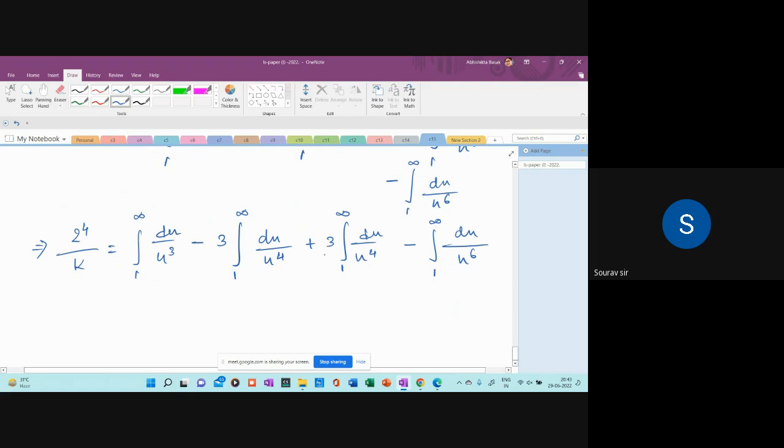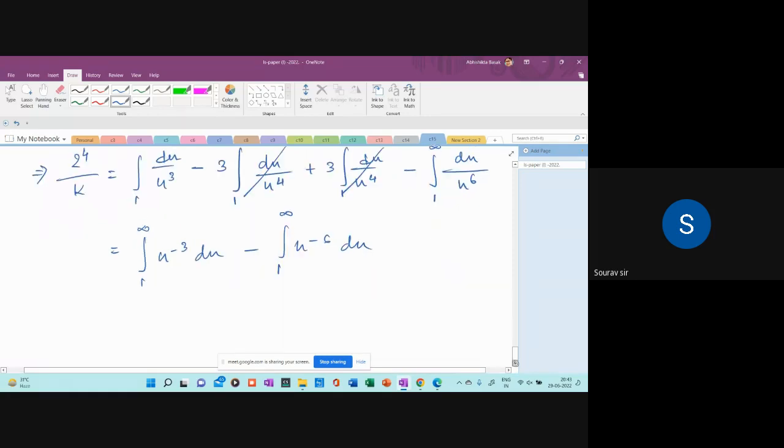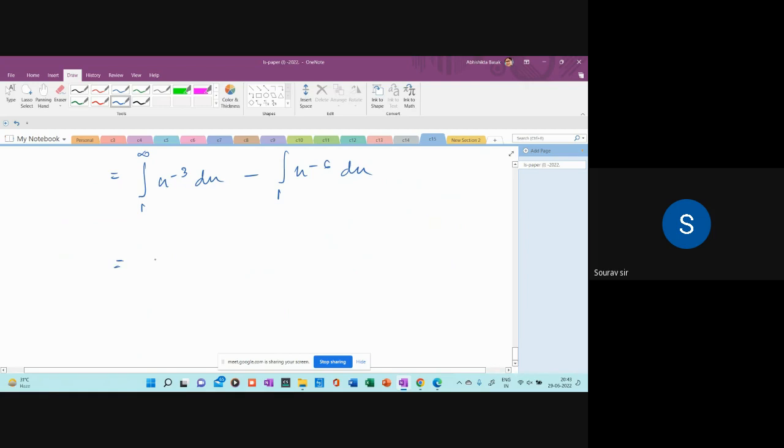So basically these two functions are same, ranges are same. So these two will cancel out, and we are left with these two, that is 1 to infinity u to the power minus 3 du minus 1 to infinity u to the power minus 6 du.